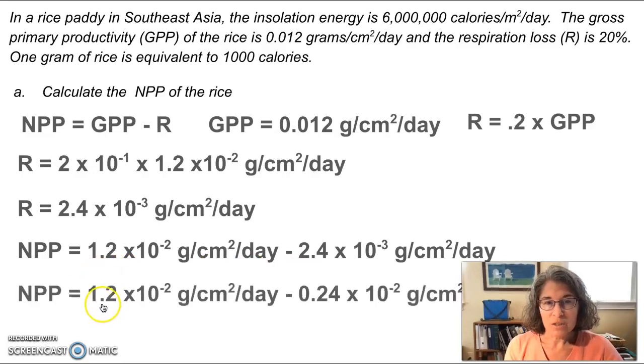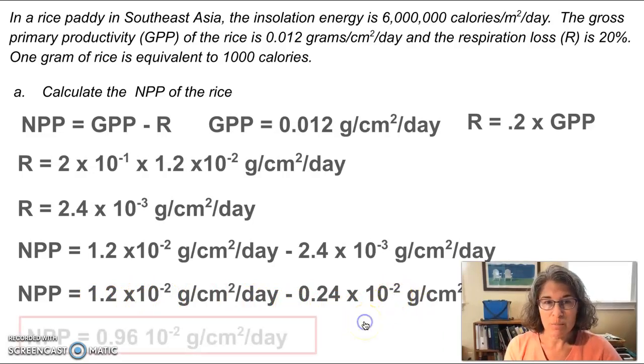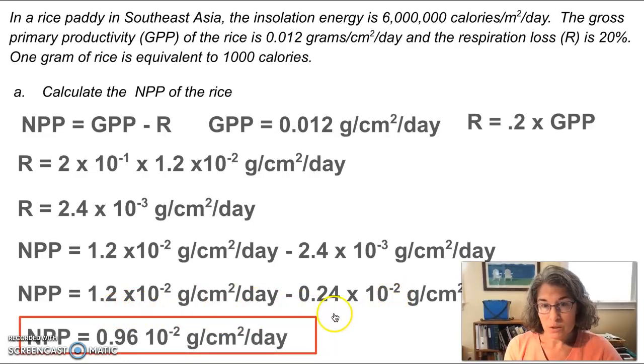It is a little easier if we get them into the same exponent since we're doing subtraction here. So I'm going to express this as 1.2 times 10 to the negative 2 minus 0.24 times 10 to the negative 2. So here again, we have some simple math to do. 1.2 minus 0.24, you can probably do in your head, is 0.96 times 10 to the negative 2. Critical that you have your units of measurement here, otherwise your answer isn't valid. So it's grams per centimeter squared per day.